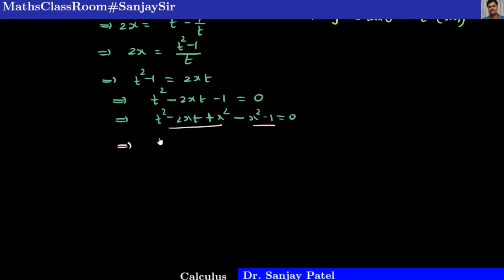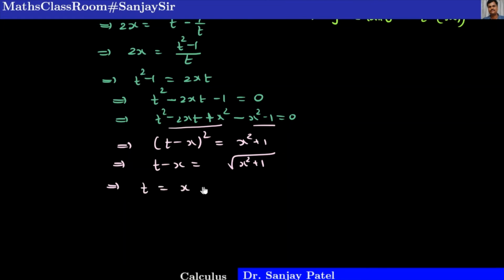What we can write is t minus x whole square is equal to x square plus 1. So this gives us t minus x is equal to square root of x square plus 1 by taking the positive square root only. And this gives t is equal to x plus square root of x square plus 1.